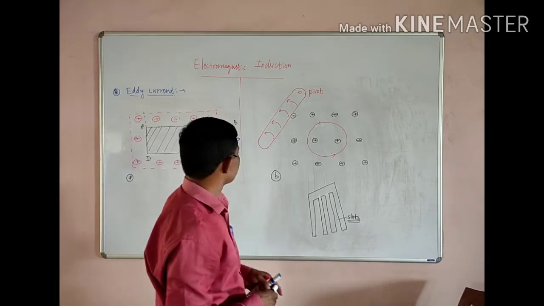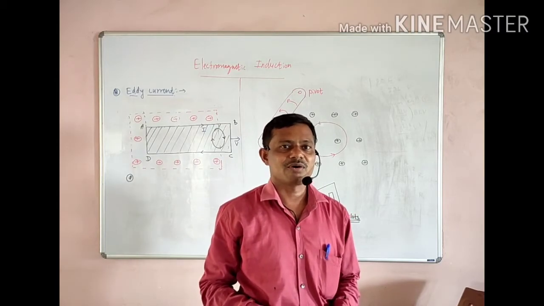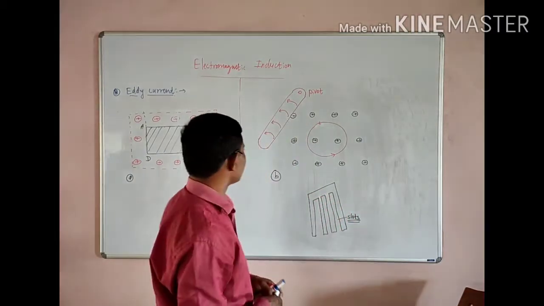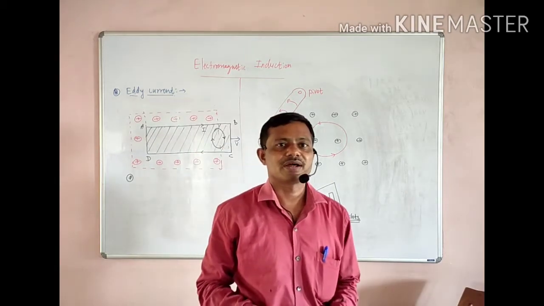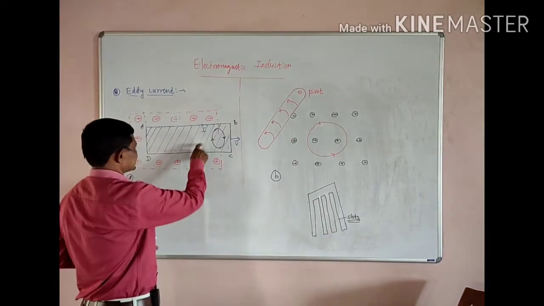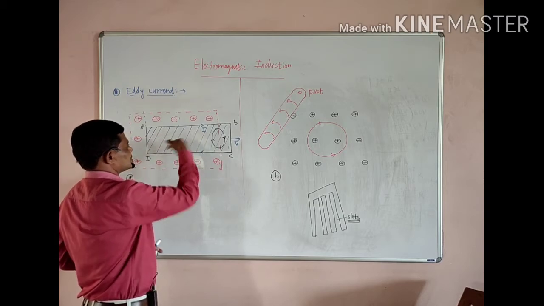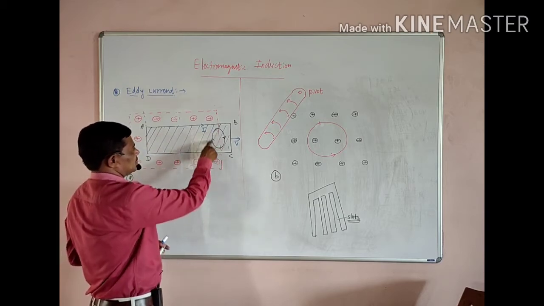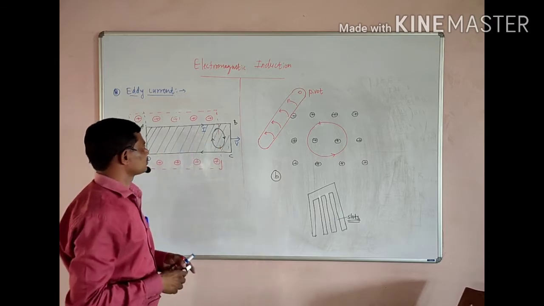But here, for this conducting plate, the electrons have to choose a path. That means they can swirl about this conducting plate in small circles like this. Here in this figure, this is the path of the swirling electrons.